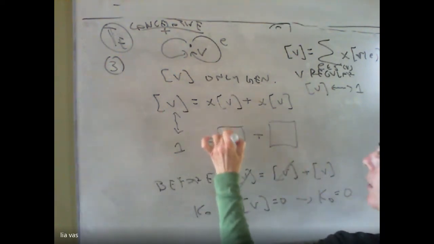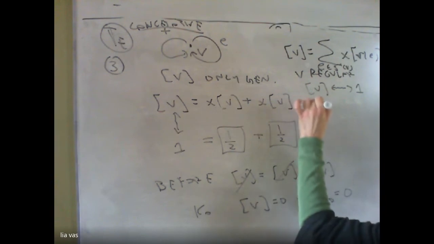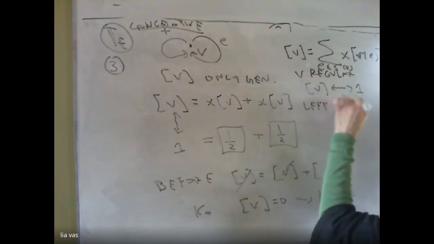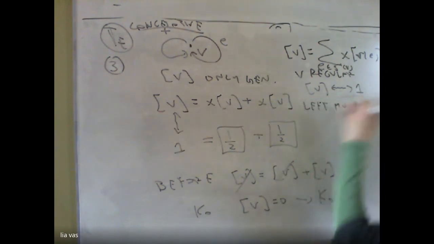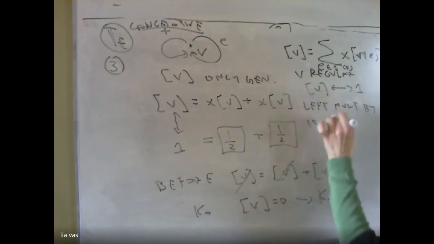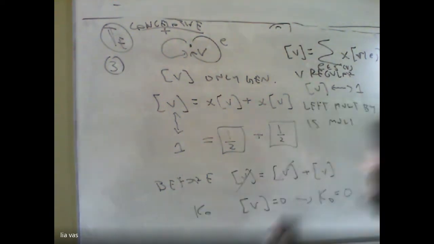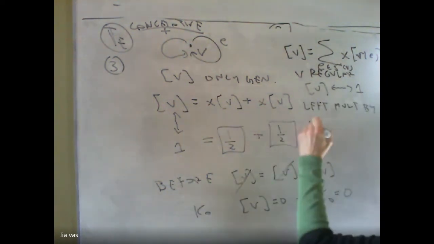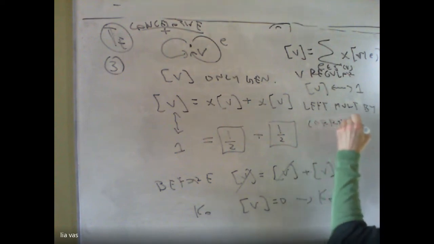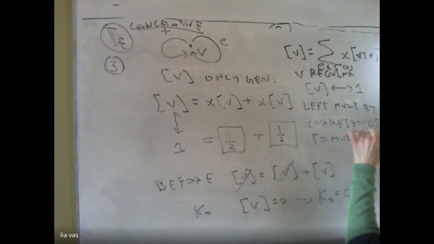So I can think of that action of x as multiplication with 1/2, right? So left multiplication by x corresponds to multiplication by 1/2.